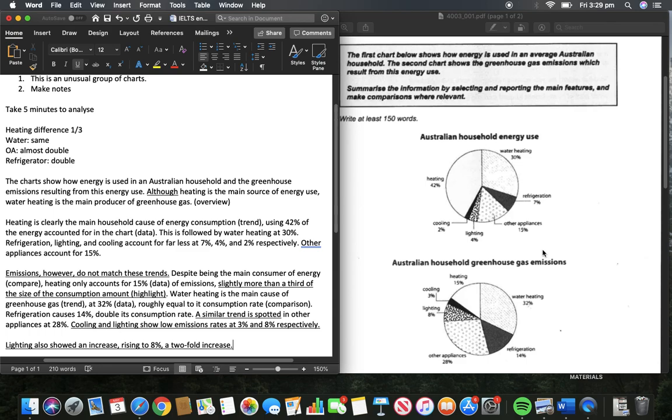And yes, actually, some of you might have been thinking, well, I don't understand. Why does this change? The only thing that I can really think of as to why heating would be 42% and 15%, is if somehow they were trying to show that Australian houses that have solar panels and that energy is only used for house heating, which it isn't, so it reduces the greenhouse gas, but it doesn't really make sense because if you don't have solar energy installed at your house, then all the energy comes from the same place.